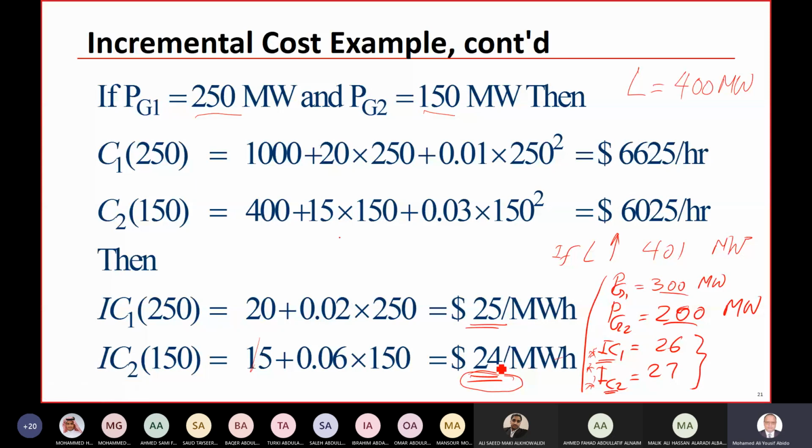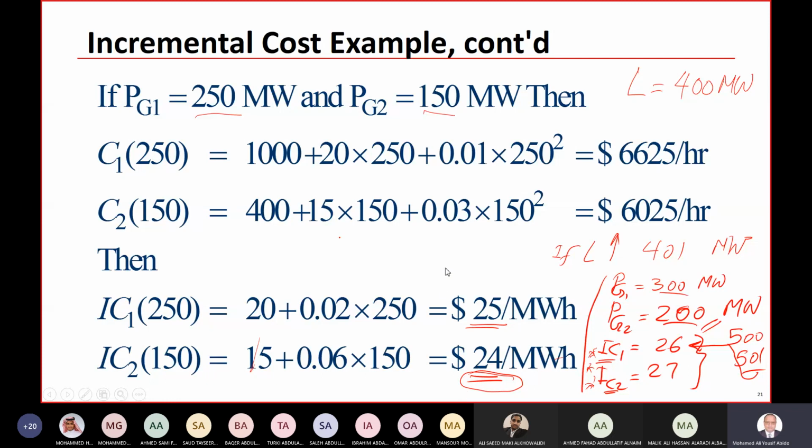So in this case, for this pattern of loading, generator 1 becomes cheaper, and if the load here is 500 total and increases by 1 megawatt, definitely we will go to generator 1 to produce. Then this will be cheaper.